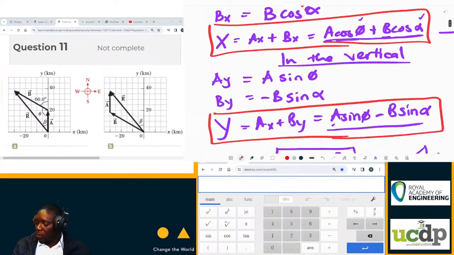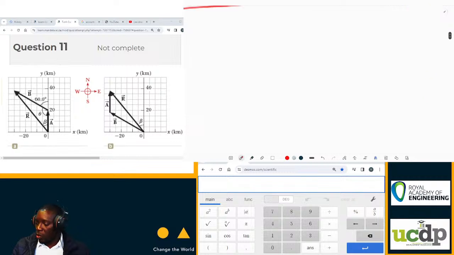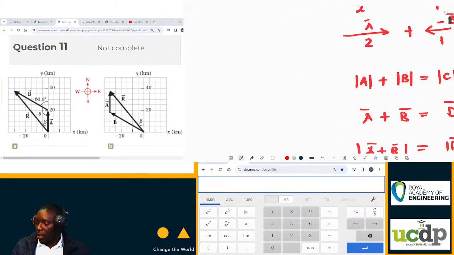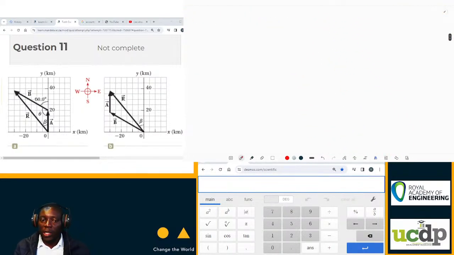So what is important in this case is to note the following. You are given a vector and an angle. You have to be careful. If the angle is between the vector and the horizontal, then that horizontal component is a cos theta component.